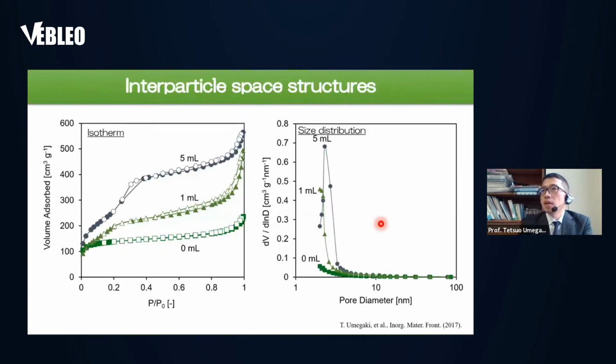We analyzed the interparticle space structures from the results of the nitrogen sorption isotherms and the size distributions. From the isotherms, the nitrogen sorption volume increased with increasing the CTAB solution amount. The results indicate that the number of meso-sized interparticle spaces increased with increasing the CTAB solution amount.